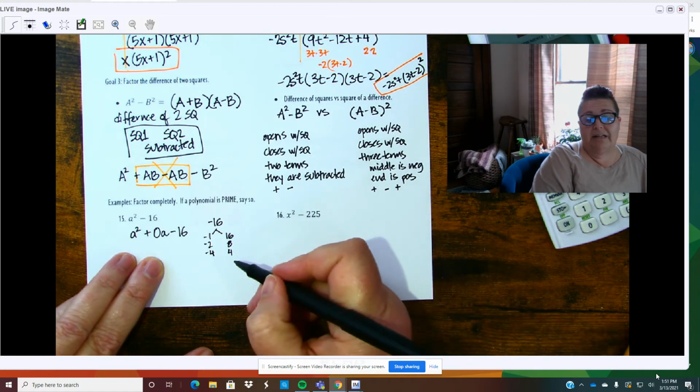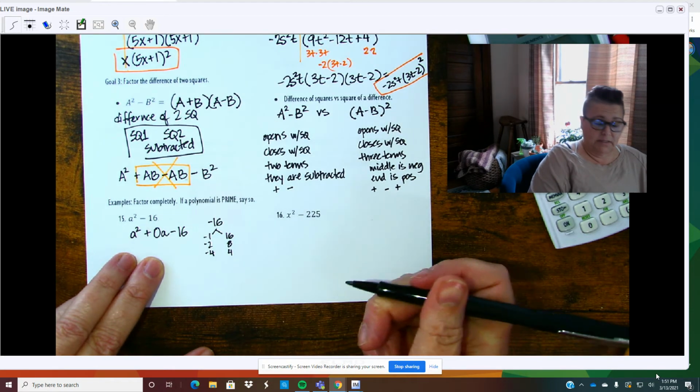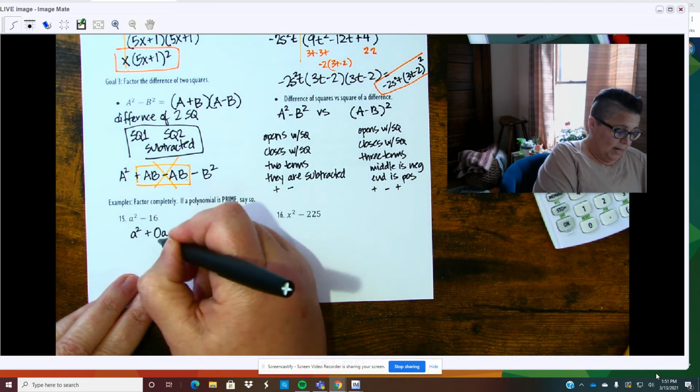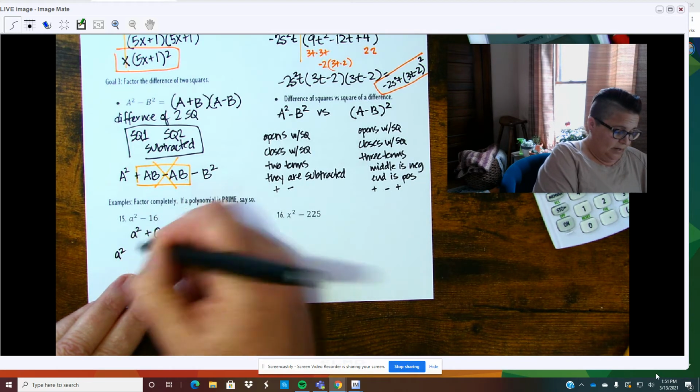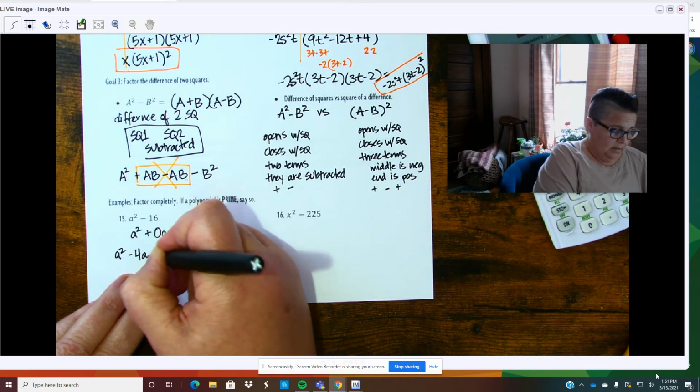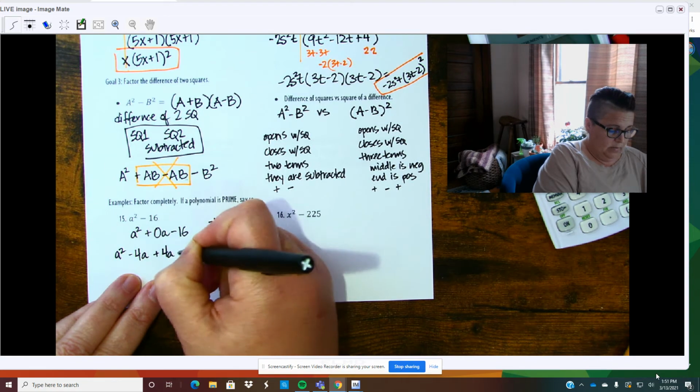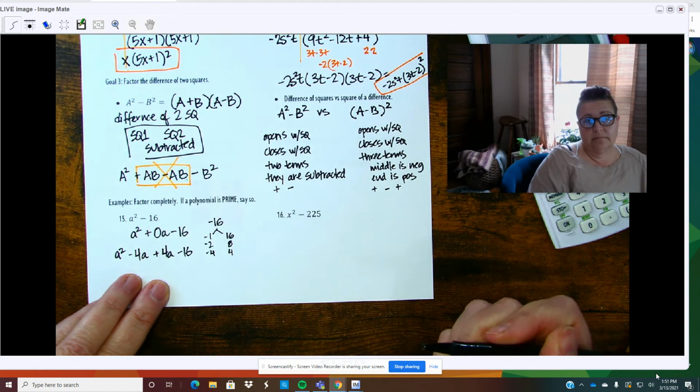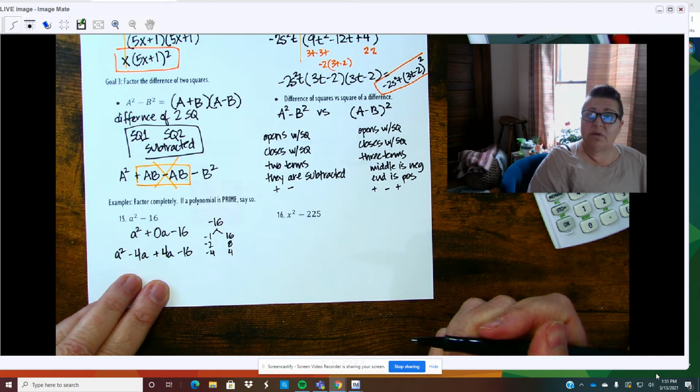The pair that adds to 0 is a minus 4 plus 4. So I'm going to break that 0 into a squared minus 4a plus 4a minus 16. Does this seem familiar to you? I'm using the previous process, right?